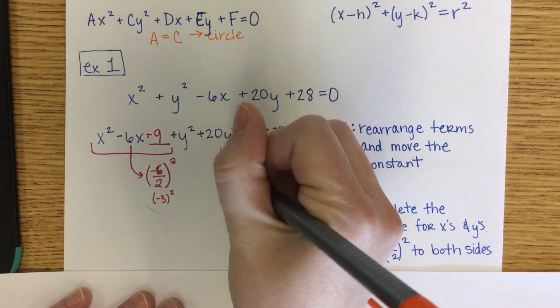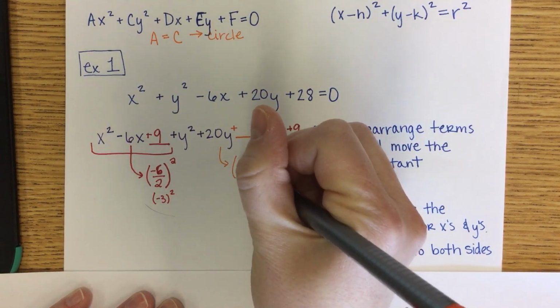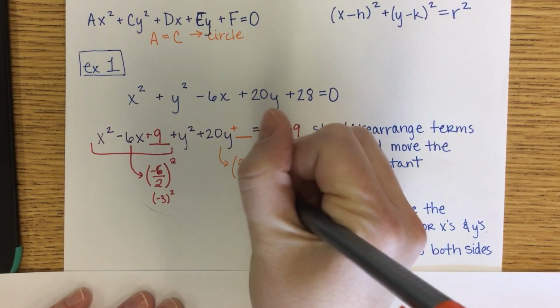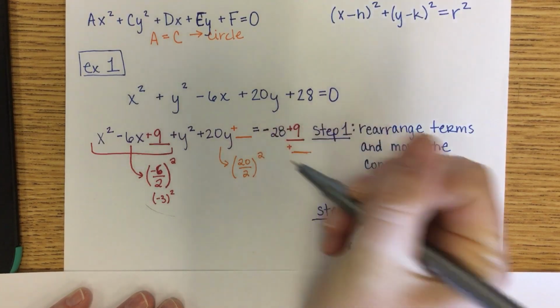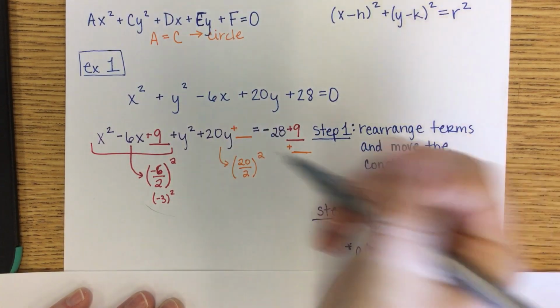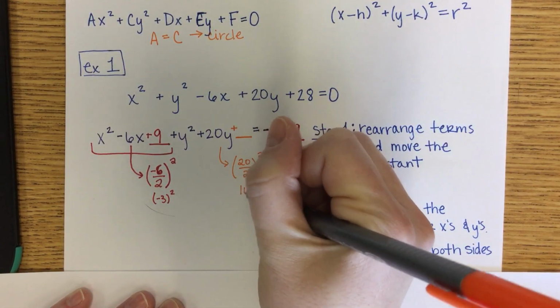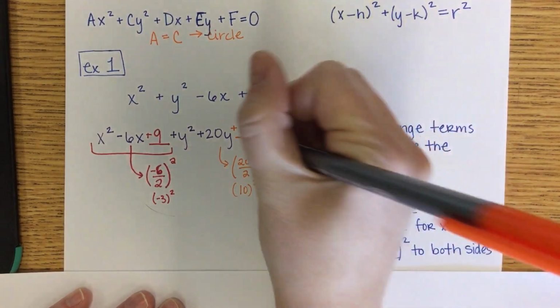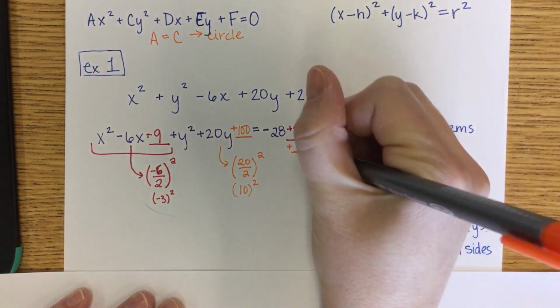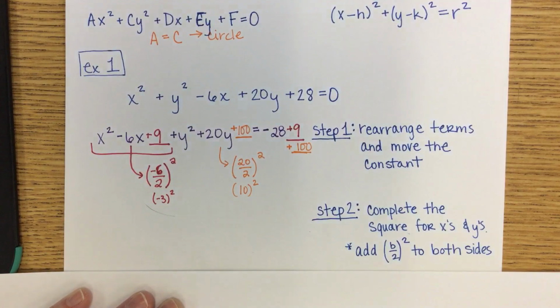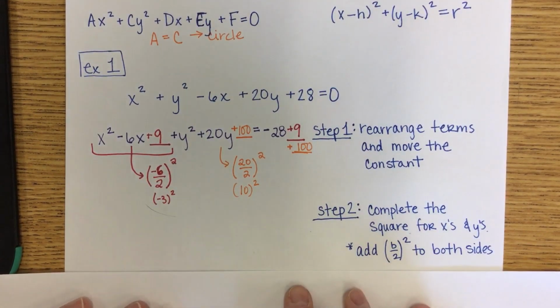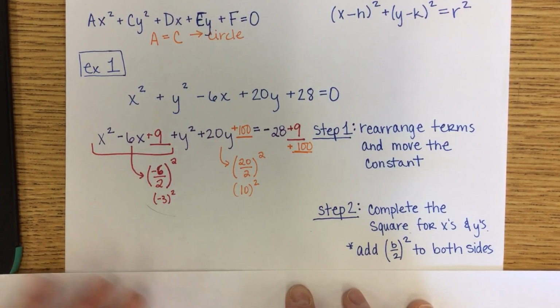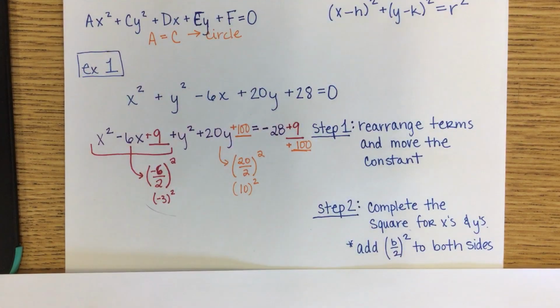The first thing I'm going to do is half of my b term, squared. Half of my b term would be 10, and 10 squared is 100.